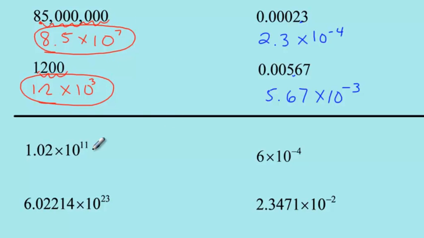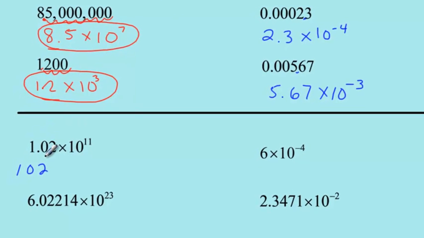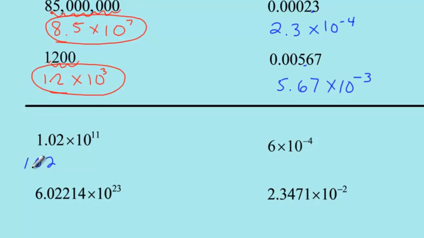Down here, we're looking at scientific notation. We want to put it as regular notation. So 1.02 times 10 to the 11th is going to be 1 point. Actually, we'll erase that. Hold on. We're going to go ahead and say it's 102. Now, if I moved it 2 spaces already, 1, 2, I got to move it 9 more spaces. 3, 4, 5, 6, 7, 8, 9.